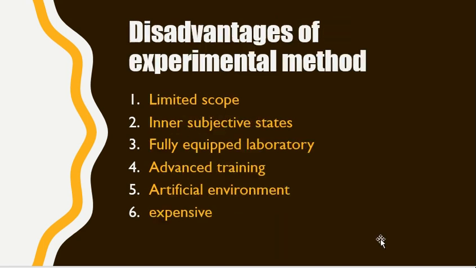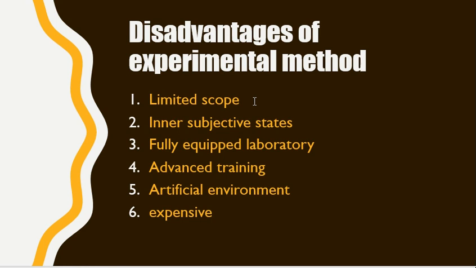Now, coming to the disadvantages, limited scope. This method has limited scope. The critics contend that this method cannot encompass all topics because all the possible traits or all the behaviors or all the different variables cannot be studied in the lab setting. So it has a limited scope. Some of the behaviors can only be studied in the natural setting.